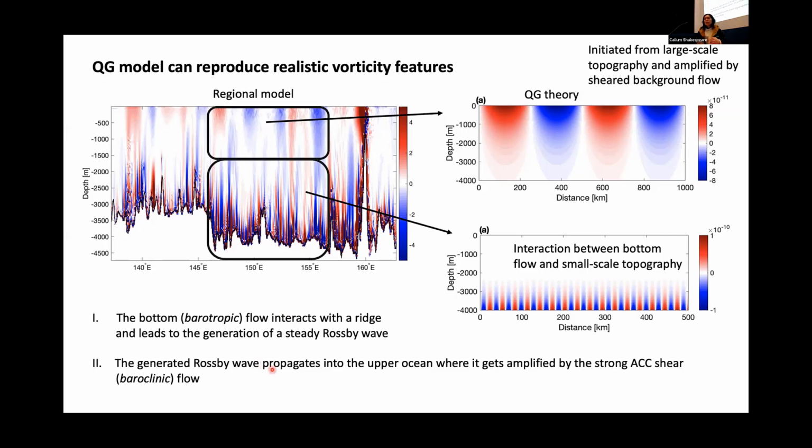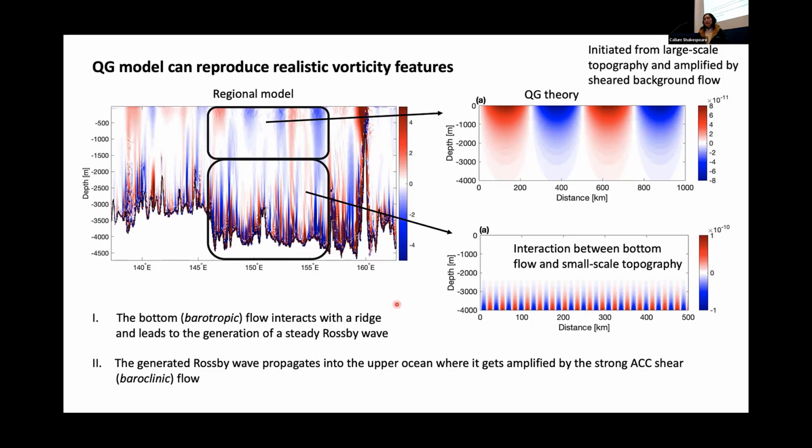And the background shear is there to amplify the signal generated from the bottom. And it especially amplifies stretching and advection, leading to the vorticity balance we saw in TNG14 and in our original model at subsurface. And our results highlight the importance of the bottom flow.